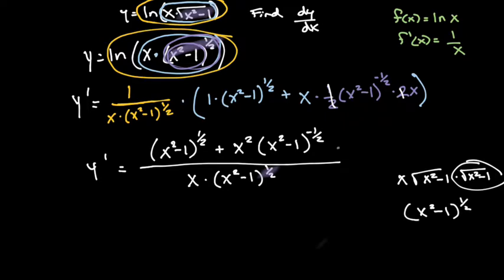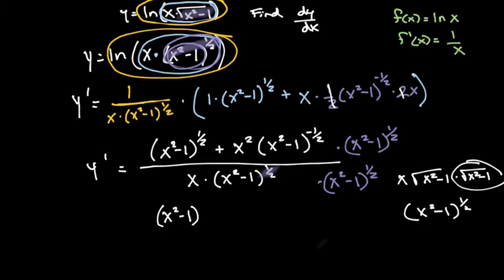If I multiply everything in the top by x squared minus 1 to the 1/2 power, and everything in the denominator by x squared minus 1 to the 1/2 power, then if I distribute that through in the top, I'm really going to end up getting x squared minus 1 to the first power, because 1/2 plus 1/2, I know my exponent rules.